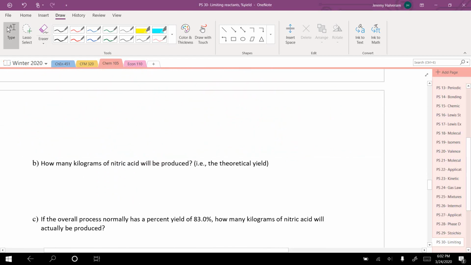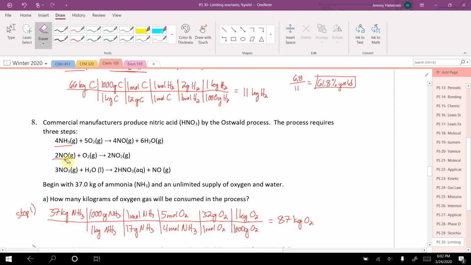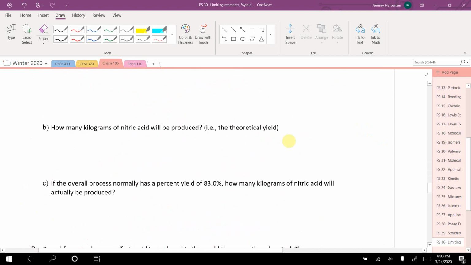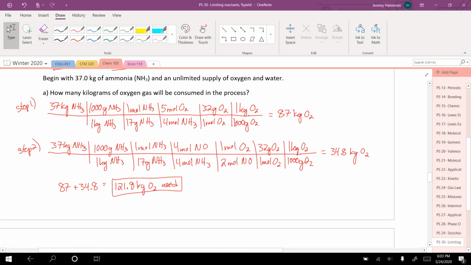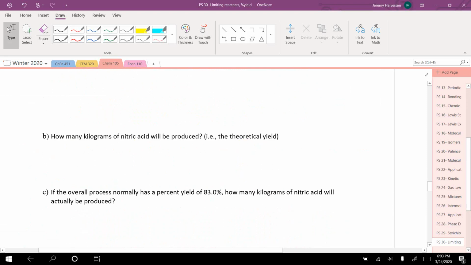Part B, how many kilograms of nitric acid will be produced? All right, so I've got my 32 kilograms of ammonia, and I'm trying to get to nitric acid. Well, this is going to be a 3-step process. Ammonia to NO, NO to NO2, NO2 to HNO3. Okay, starting with my 37, is that right, 37? Yeah, 37 kilograms of ammonia.